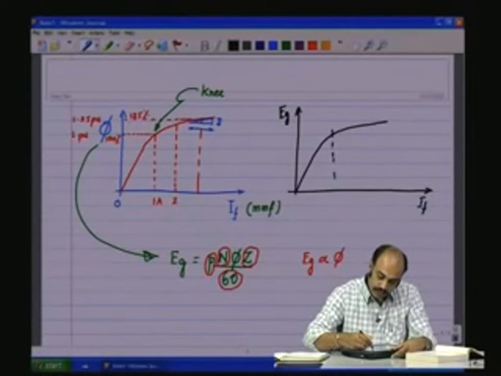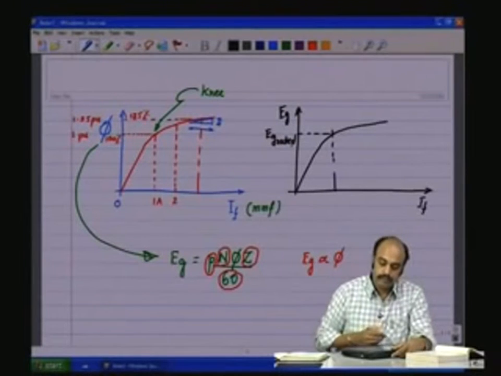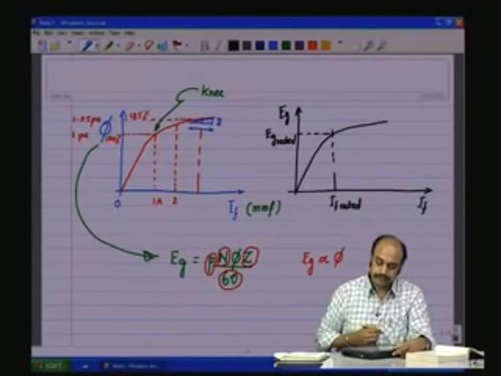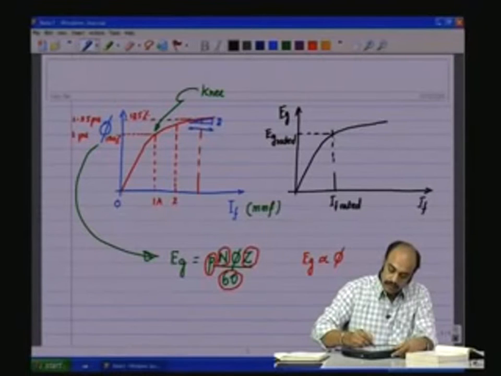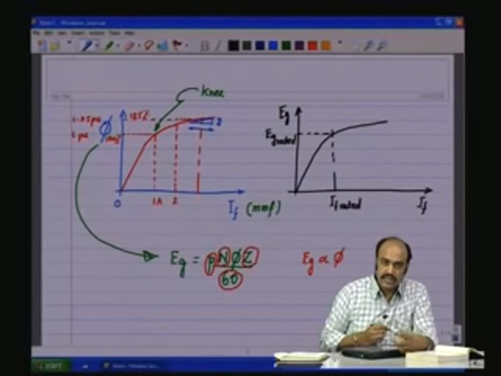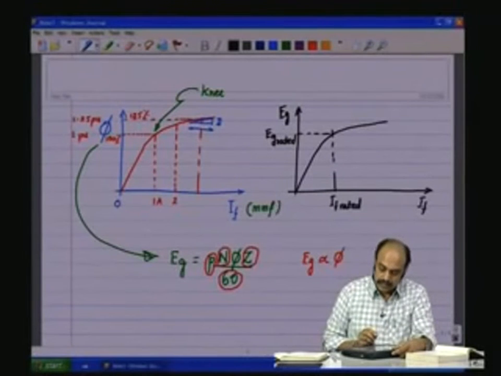So, your rated voltage should be somewhere around the knee point, and this should be your E_g rated, and this would be the rated field current that you apply. Beyond the rated field current, the generated EMF does not increase very much for changes in the field current.